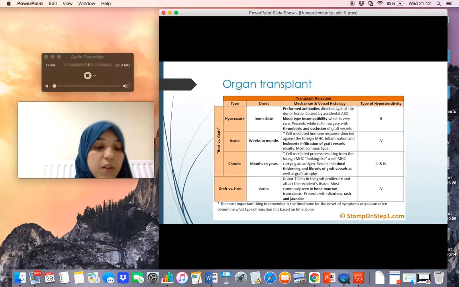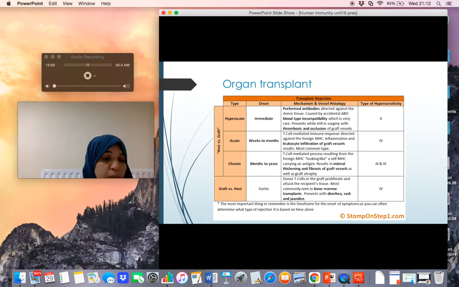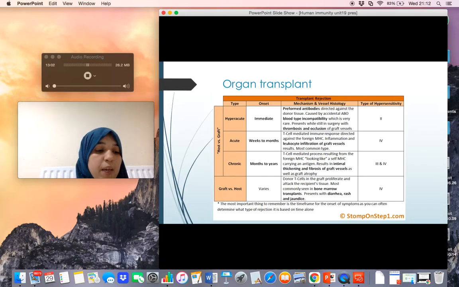An organ transplant is a surgery that typically saves lives because it replaces a malfunctioning organ with a healthy organ provided by a donor. Rejection of transplanted organs is the unfortunate result of the immune system being able to distinguish between self and foreign antigens on the surface of a cell, as mentioned previously in the presentation.